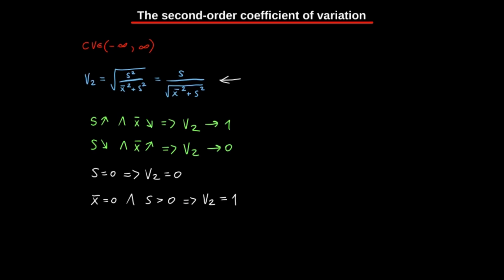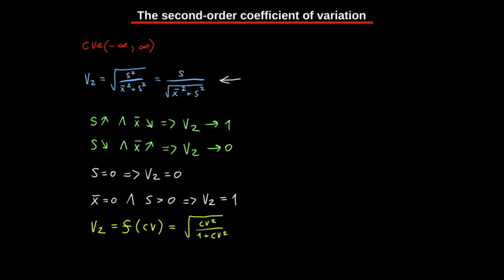One more interesting property of the second order coefficient of variation is that it can be expressed as a function of the ordinary coefficient of variation. Dividing the numerator and the denominator with squared average gives us the square root of the squared coefficient of variation divided by 1 plus the squared coefficient of variation.